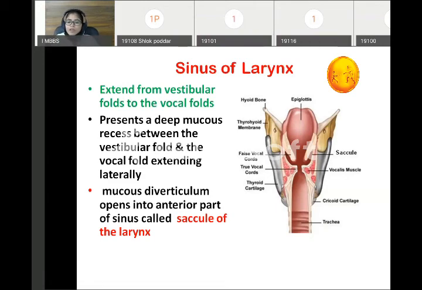A mucous diverticulum is present, which opens in the anterior part of the sinus. This mucous diverticulum is called the saccule of the larynx. The saccule of the larynx contains mucous glands, and the secretions of the mucous glands lubricate the rima glottis and vocal fold.